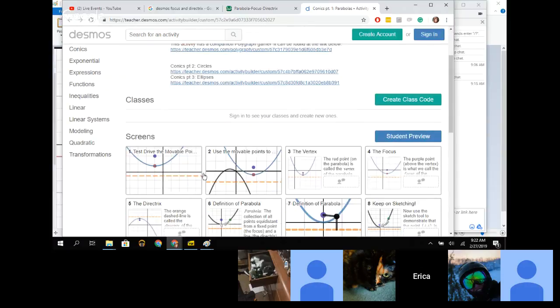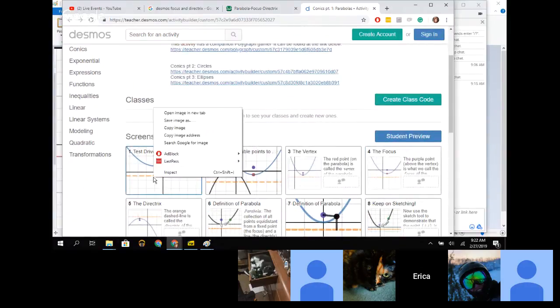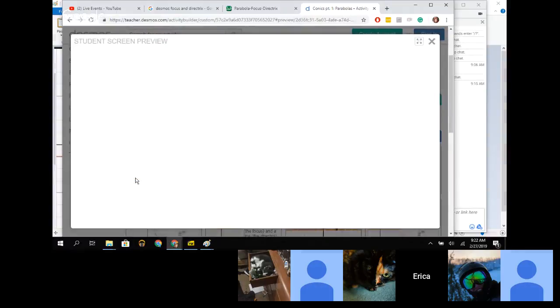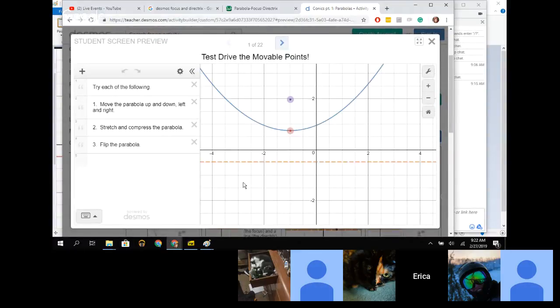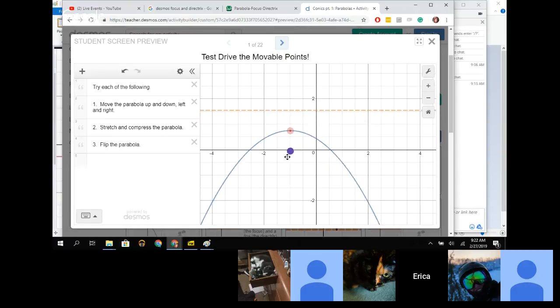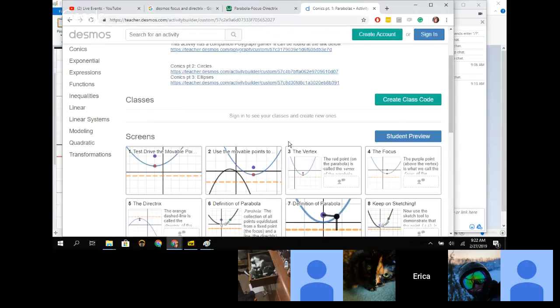So if you want to, on Desmos, there are little activities that you can do by moving your focus up and down, flipping your parabola upside down, that type of thing, to practice with parabolas.